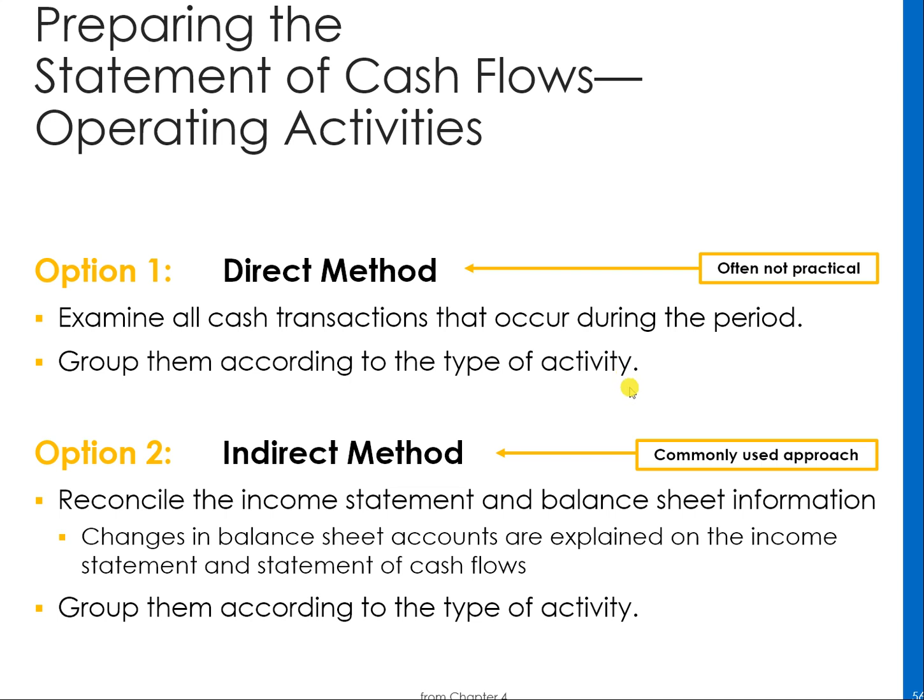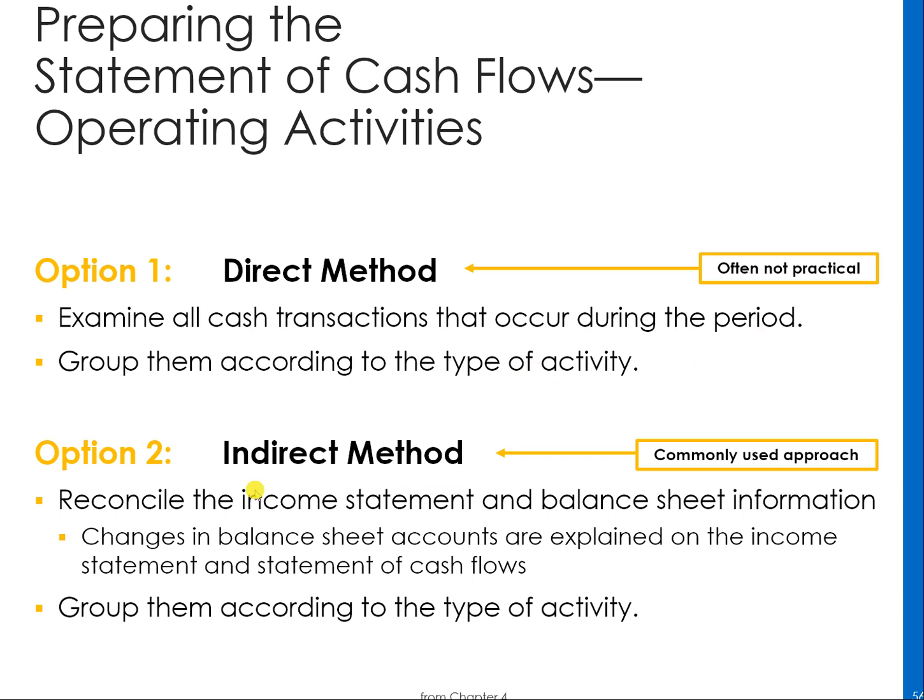So there's a lot of work, because we need to check each cash-related transaction. So it's often not practical. For textbook examples, it's doable, right? If you have 20 transactions, you can obviously categorize them and finish the statement from there. That's doable. But in practice, that's not doable.